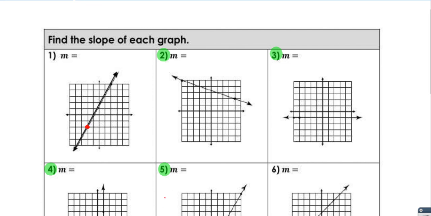So I see this one's perfect, and I see that this one's perfect. So I'm going to choose those 2 points. If it's not perfect, it's not a valid point for you to choose. And by that I mean, if you look at number 2, I couldn't choose this point right here because that's not crossing at a perfect intersection point.